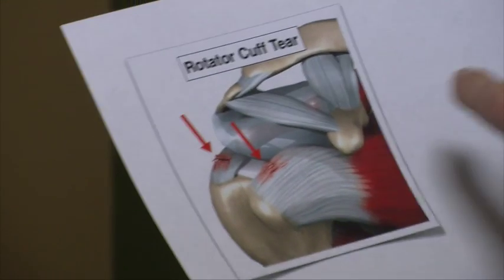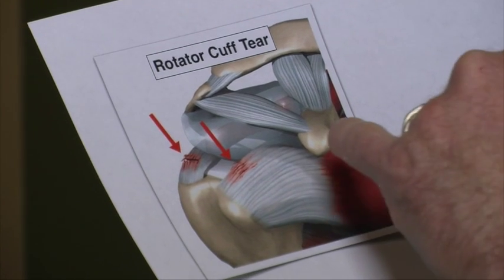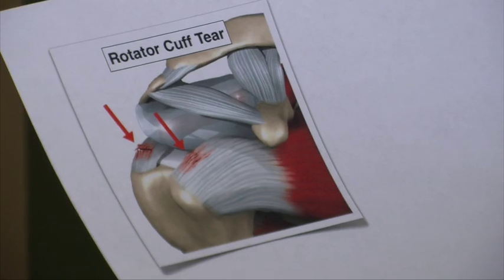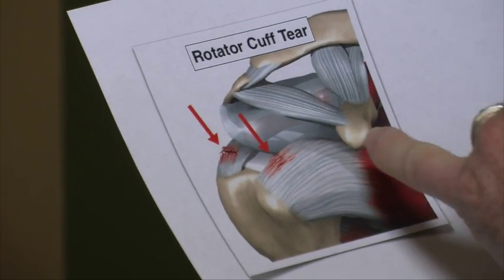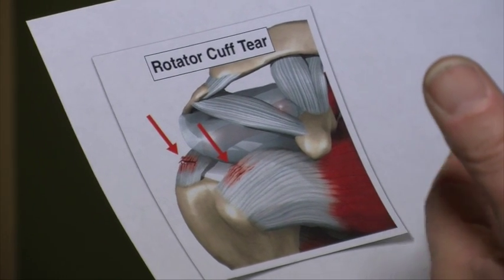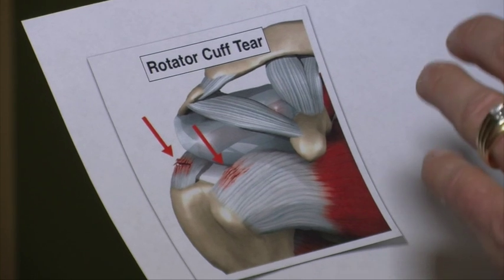So I would like to show you a little closer look again at one of the diagrams that indicates some of the structures that might be injured. Here in the close-up view of the rotator cuff, we see a diagram of rotator cuff tears that are starting to occur. These tears interfere with the normal functioning of the rotator cuff, and even though the person can still move their arm around, it will cause pain.